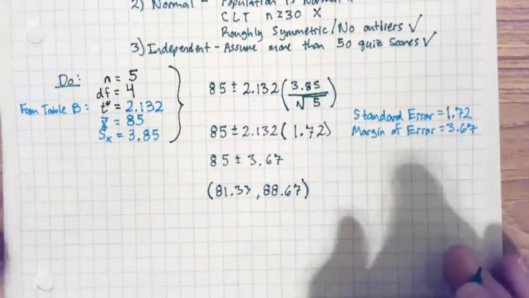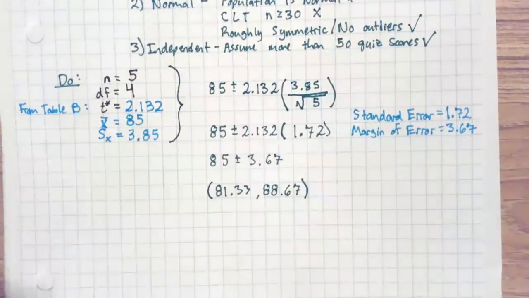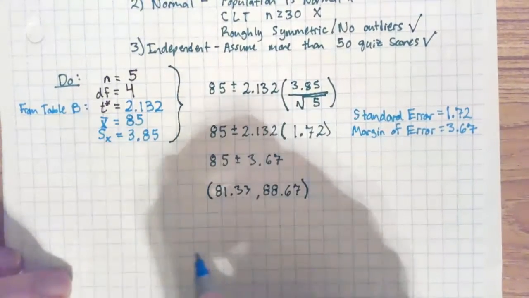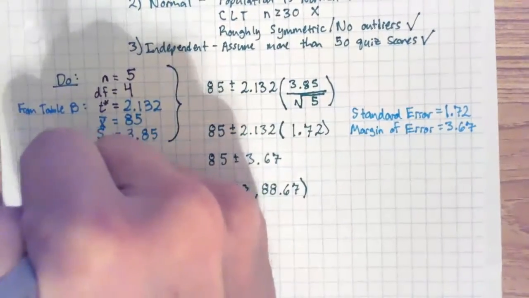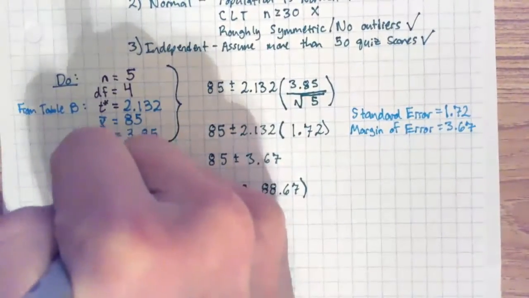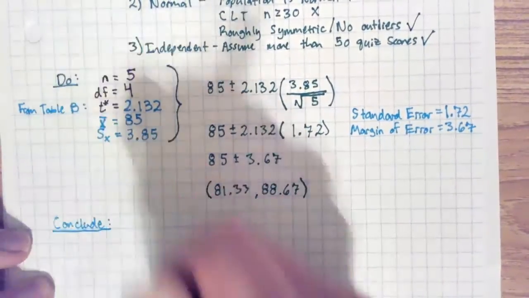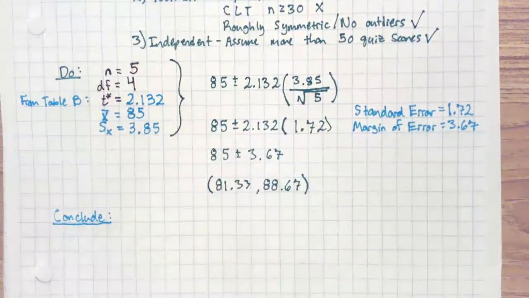And then just for fun, let's write a little conclusion statement to wrap this up. Just so you're aware, nothing really changes when we're estimating means for this conclusion statement. So we could start this off and follow that template that we talked about in class maybe a couple of weeks ago.